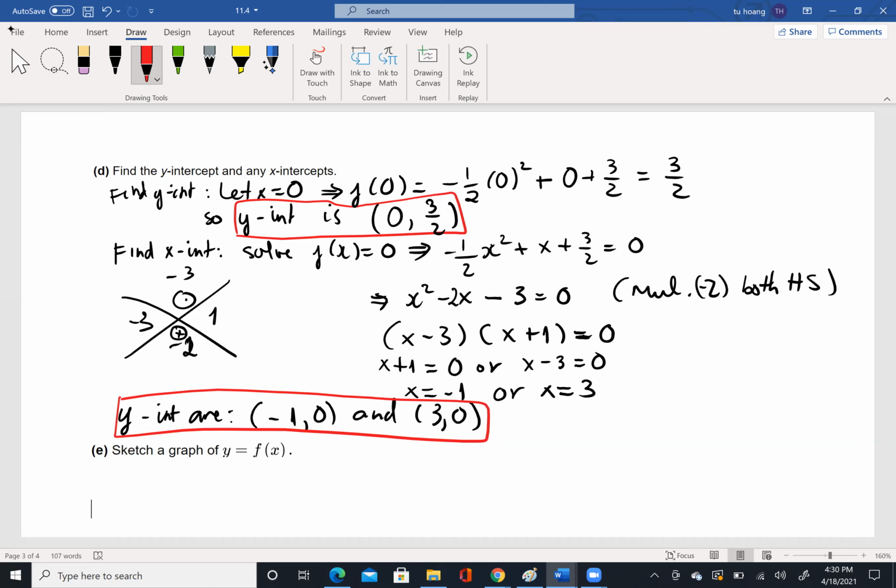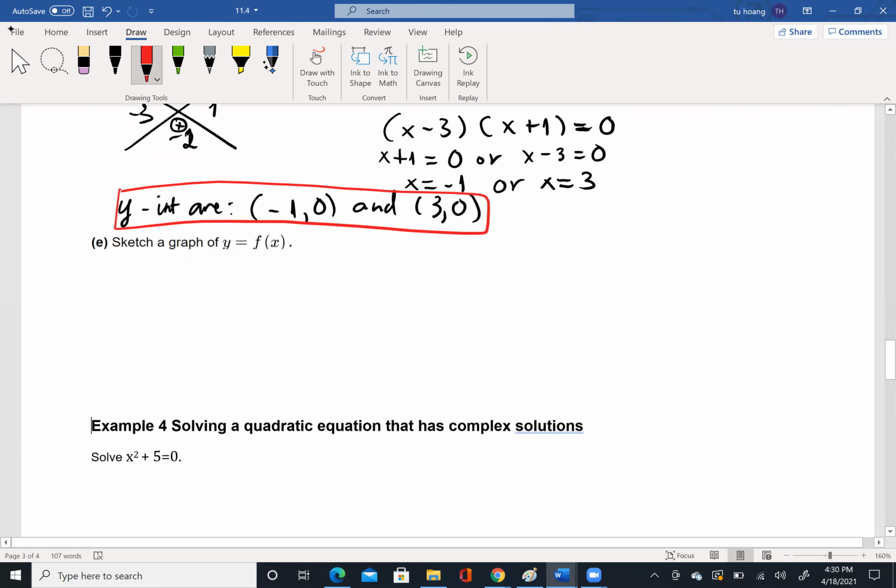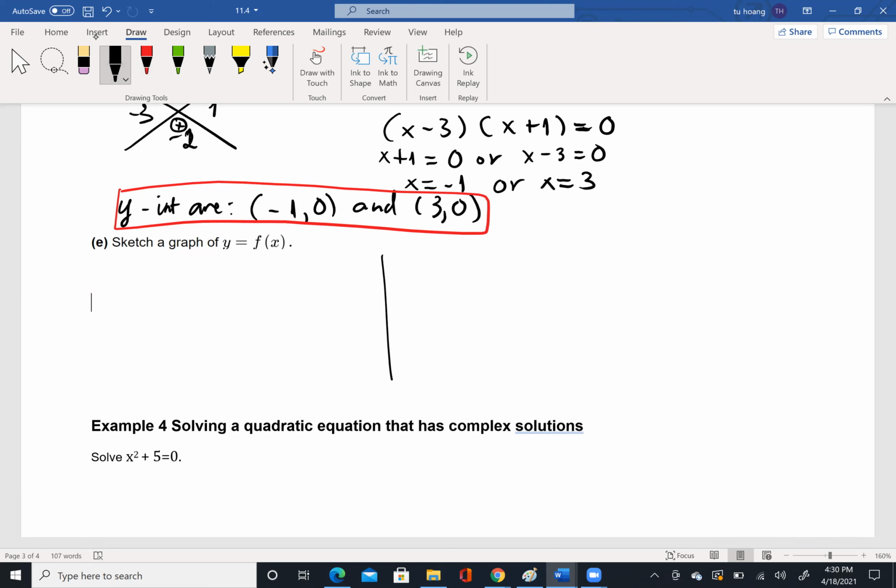Now the last part is E, which is sketch the graph of y equals f(x). So let's sketch it. The graph has to be downward.